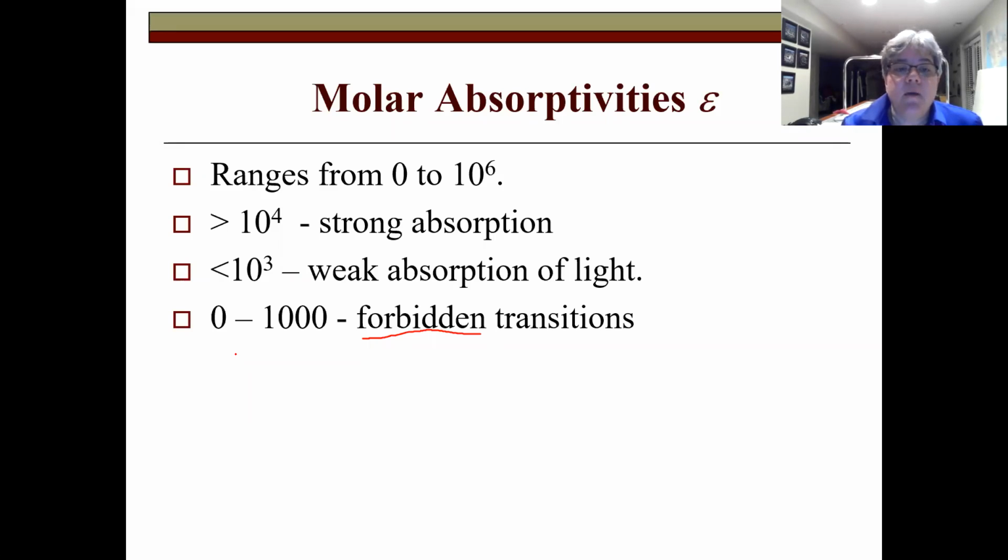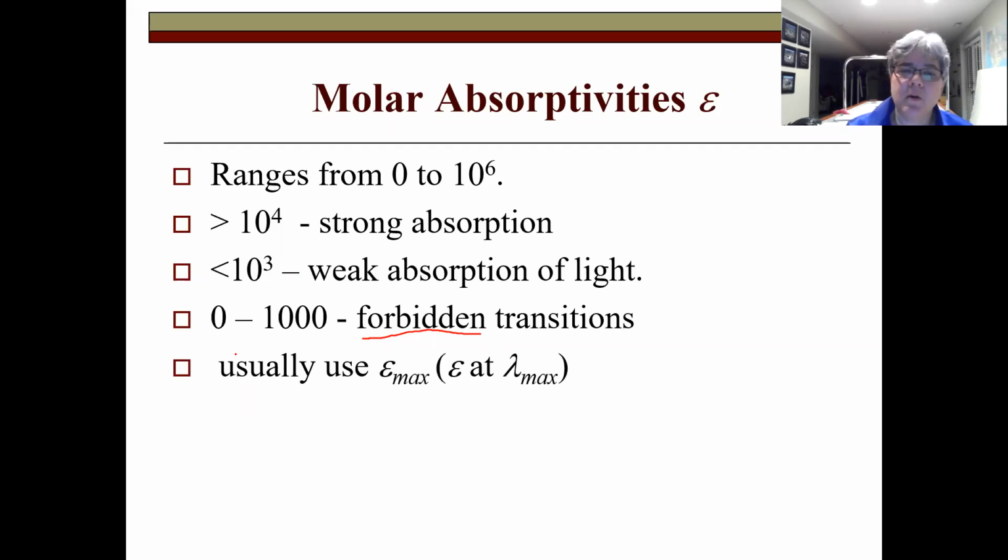All right. Now, usually when we talk about molar absorptivities, I talk about the maximum molar absorptivity. And of course, that happens at lambda max. So if I have my spectrum, remember spectrum is, in this case, we're looking at absorbance versus wavelength.